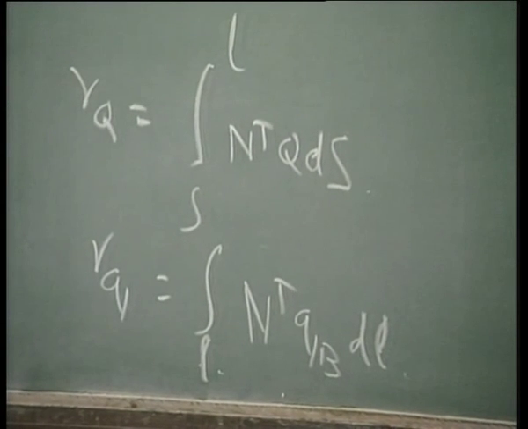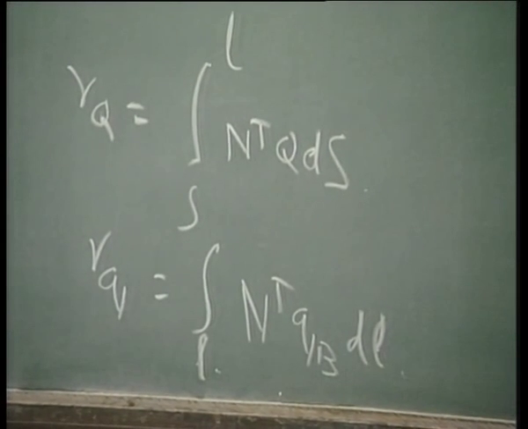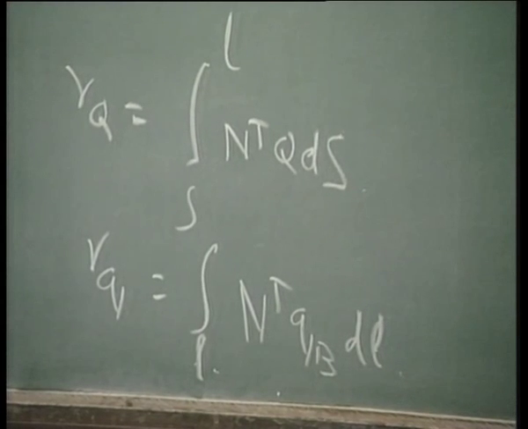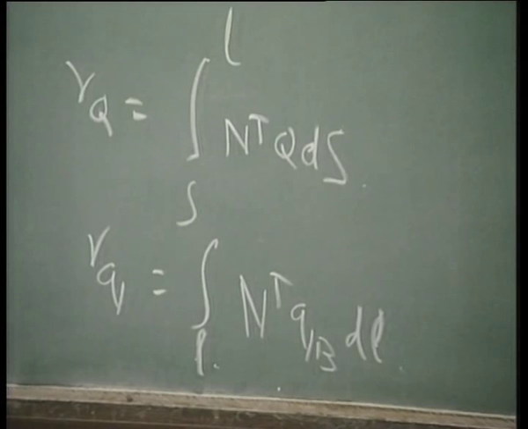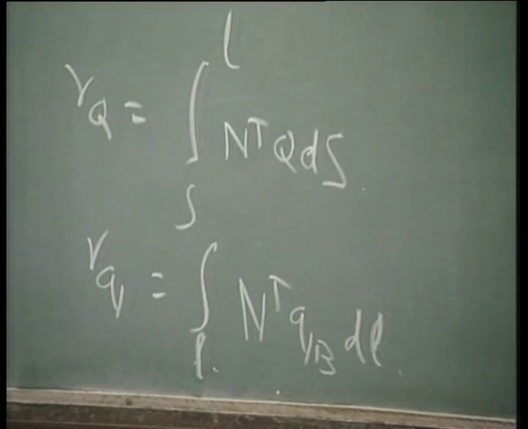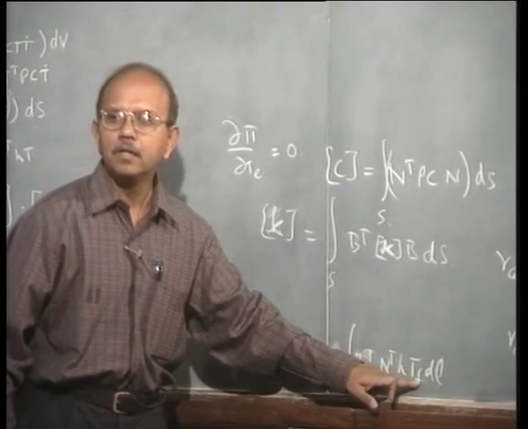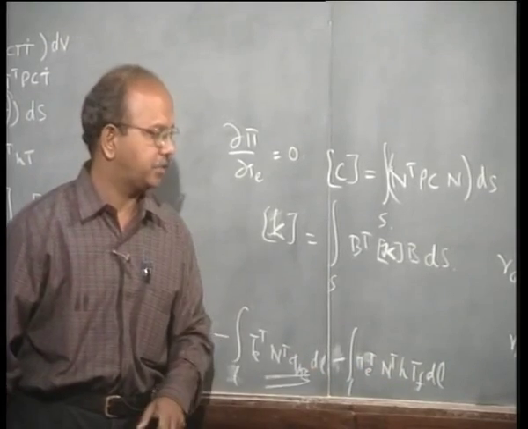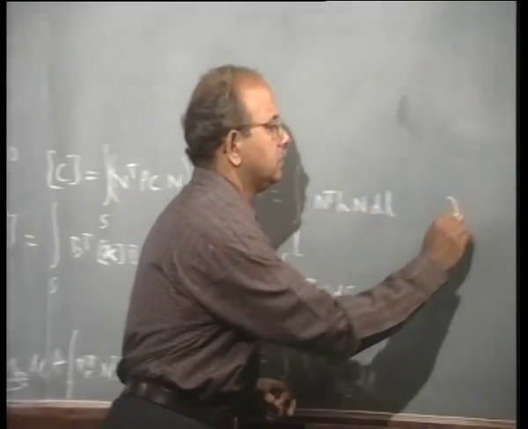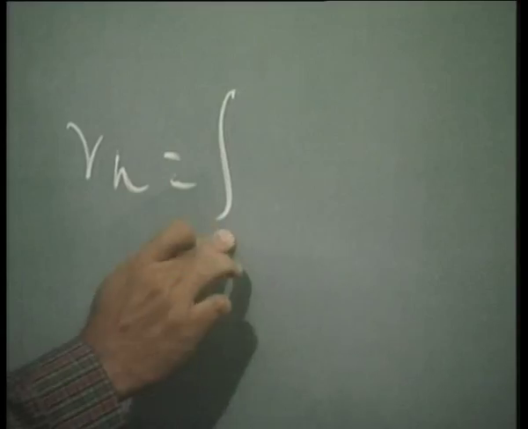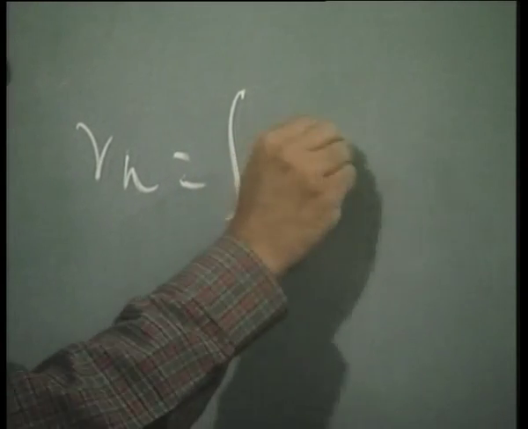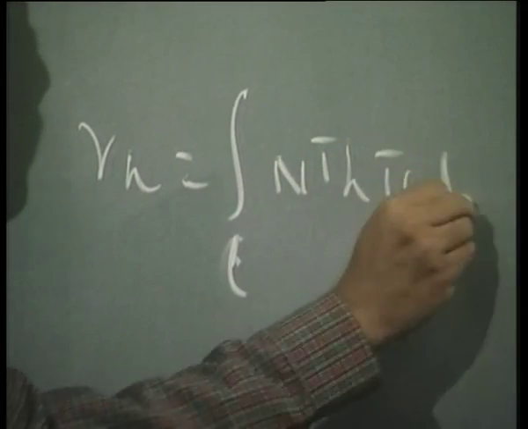Have I consumed everything? One more term. Which is the term that's there? RH. Yes, let me call this RH: line element N transpose H TF dl.